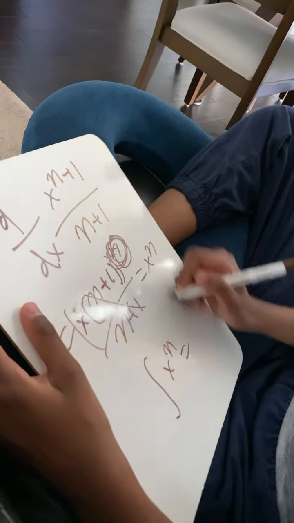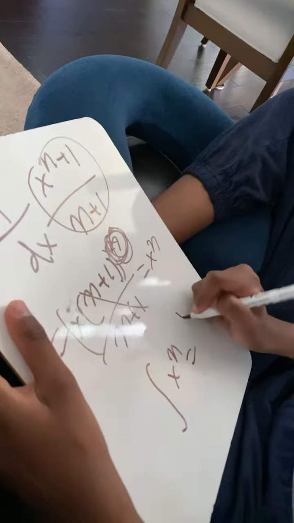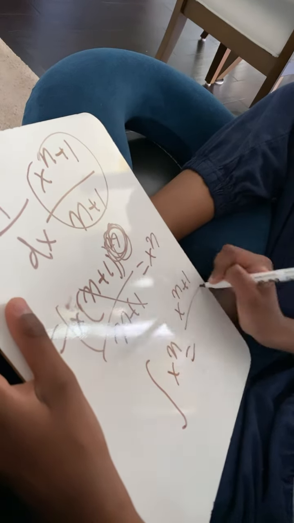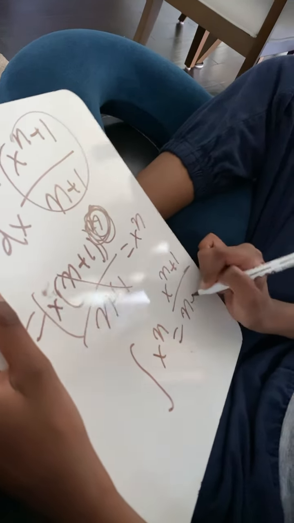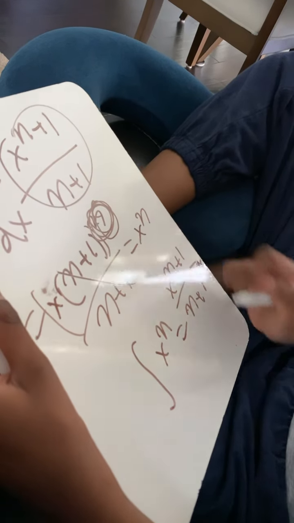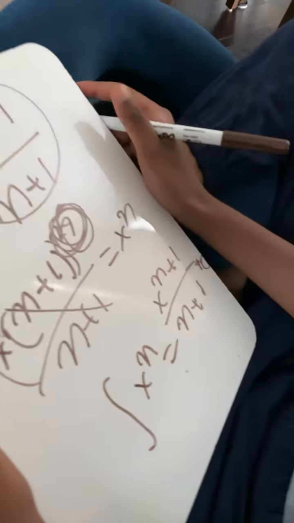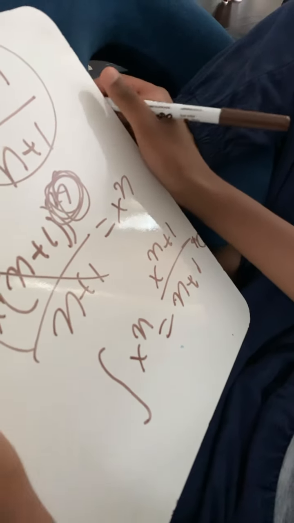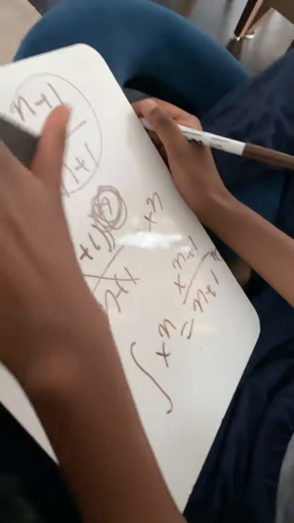Then that will equal this expression right here, x to the n plus 1 over n plus 1, plus c. The c is a constant, and if you've learned derivatives, you know that the derivative of a constant is 0 because it doesn't change with the variable. A constant isn't a variable.